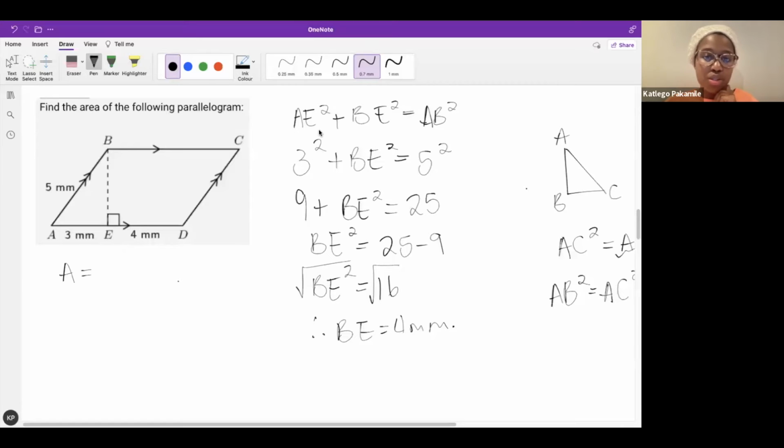So the hypotenuse equals AE squared plus BE squared. But this time we wanted BE, so now we transpose the 9. And as you said, if it goes over the equal sign, it becomes a negative.